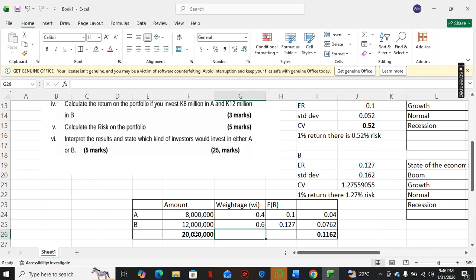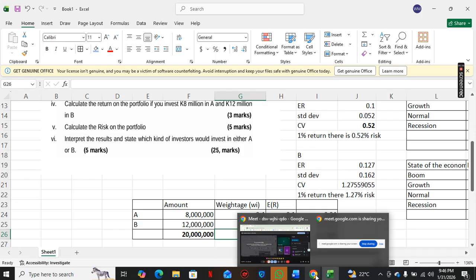So what these weightages are telling us is that investment B is going to have more of an influence on the expected return of the portfolio because it's got a higher weightage. Just like your grades, okay? Assignments, quizzes, and tests, they've got a lower weightage. Your exam has got a higher weightage. So your overall result is going to be mostly influenced by your exam because your exam has got the higher weightage.